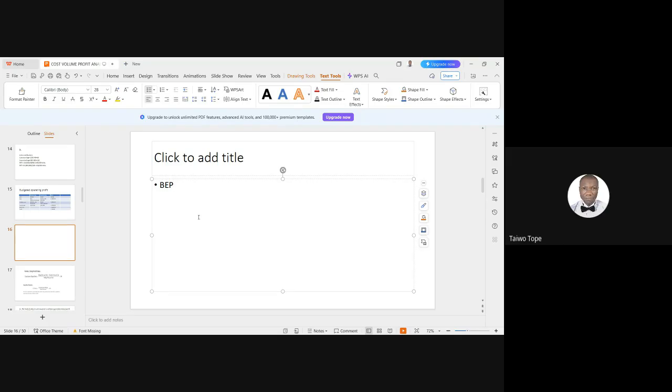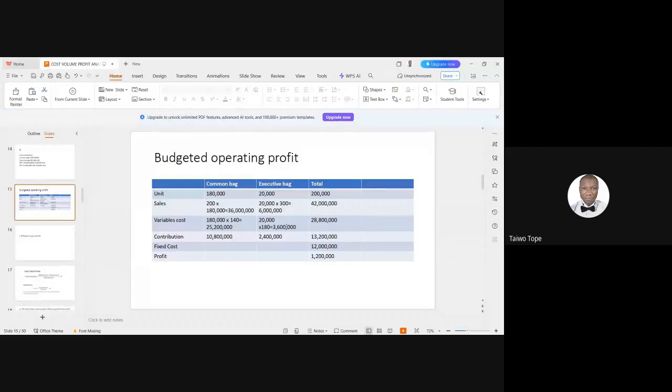So now the break-even point in sales will be what? The formula is fixed cost divided by contribution margin ratio. So your contribution margin ratio in total will be what?